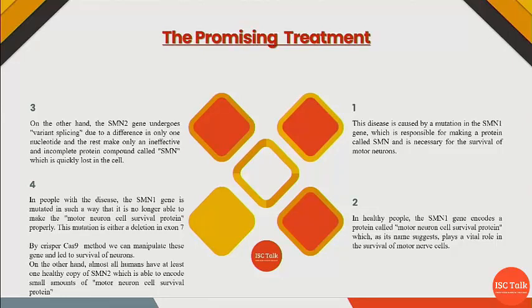In healthy people, the SMN1 gene encodes a protein called survival motor neuron, which, as its name suggests, plays a vital role in the survival of motor nerve cells.